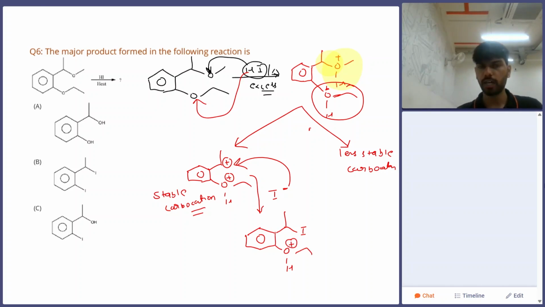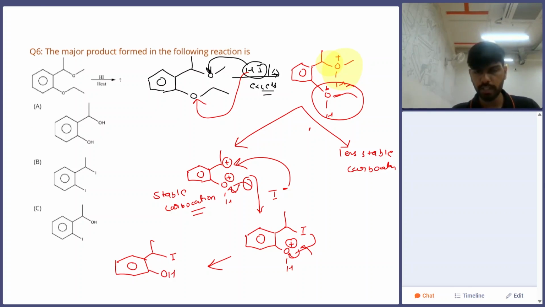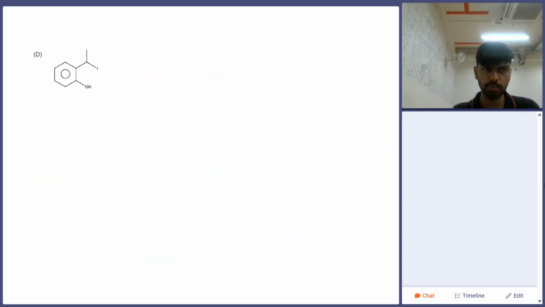Now oxygen will take the electron, so this CH3 will go and the iodine will attack, and CH3I will form. The reaction looks like this way, with OH. So which option is matching? Yes, option D is the right answer for this question.